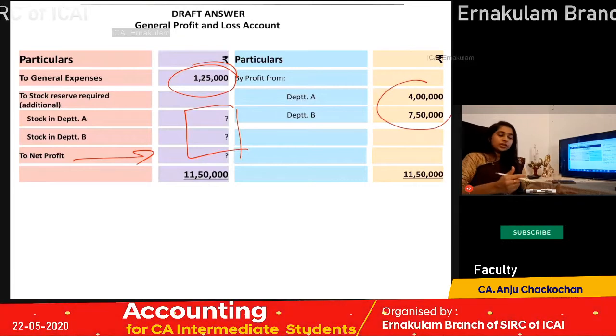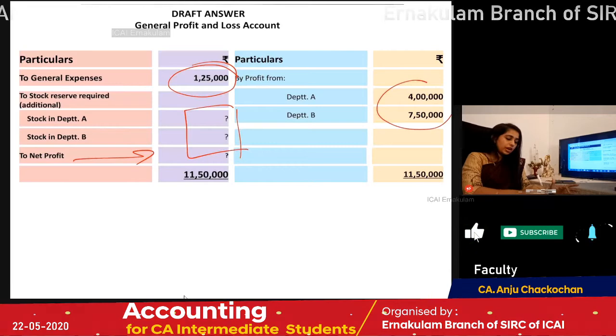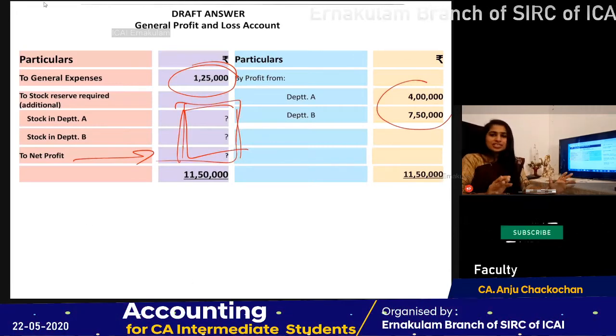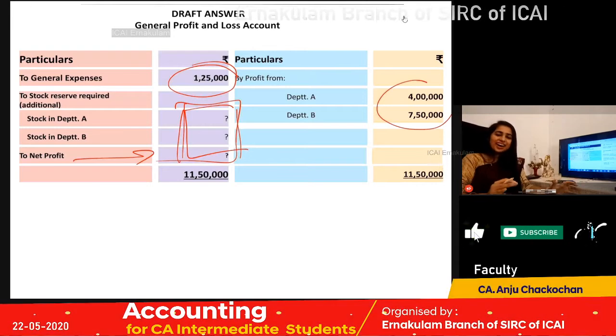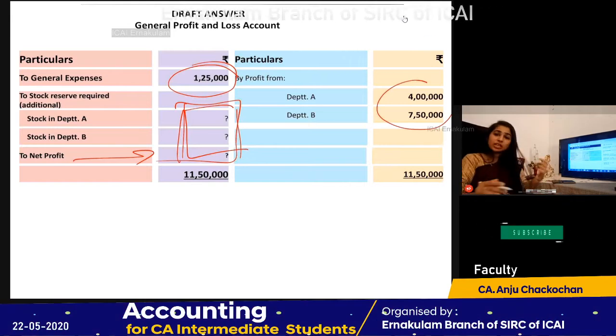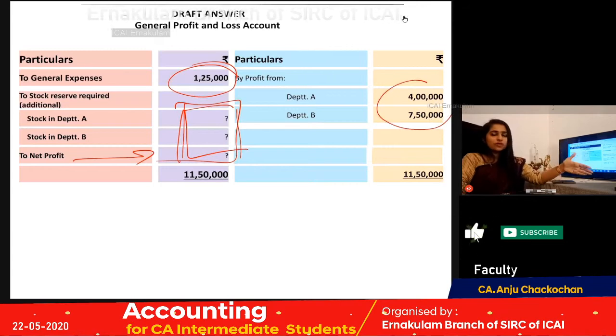Okay, good. So this is the general P&L, and in it you just have to compute the stock reserve. Students, now take your pen and your brain and compute the stock reserve in each department, because we have the closing stock in each department. You already have computed the gross profit amount.